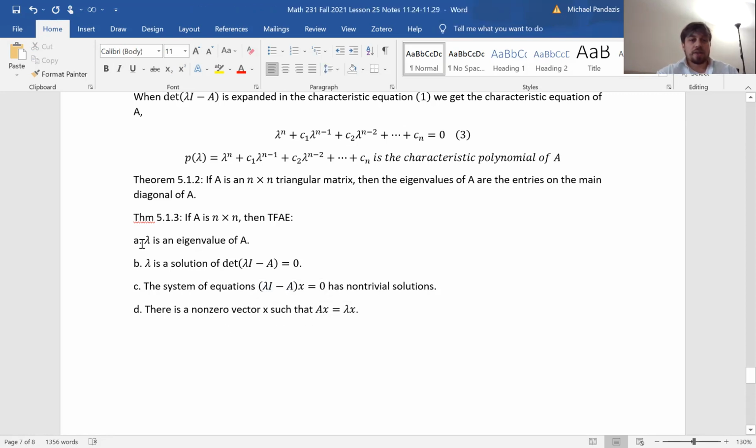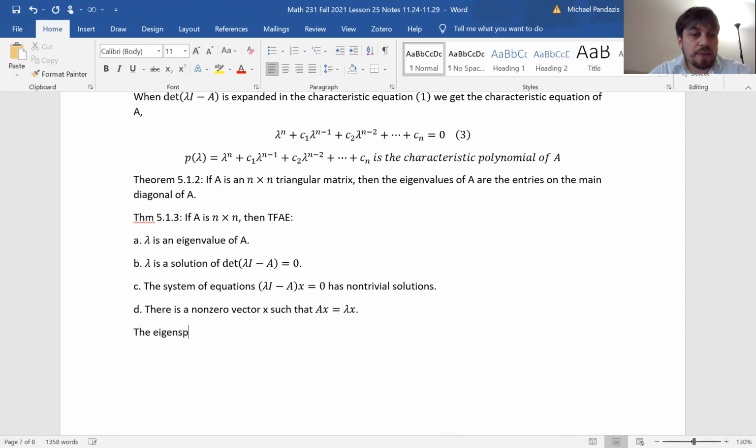Okay, so these are statements made about lambda. So lambda is an eigenvalue of A would be equivalent to the system of equations for that fixed lambda. Lambda I minus A would then be a matrix, and then that matrix times x equals 0 would have non-trivial solutions. And again, here lambda is a fixed value. There's a non-zero vector x such that Ax equals lambda x for a fixed lambda. Okay, so those four statements are equivalent for an n by n matrix A.